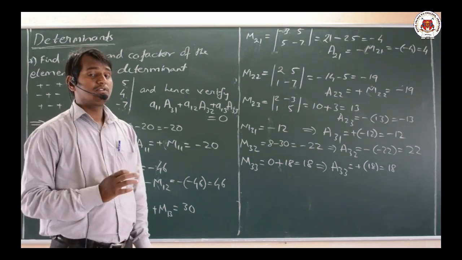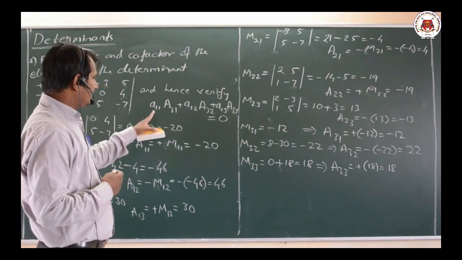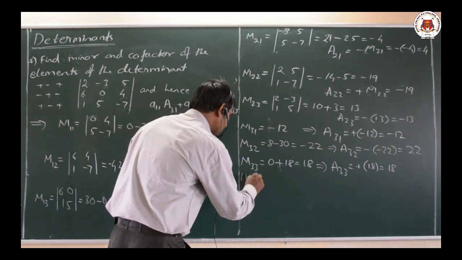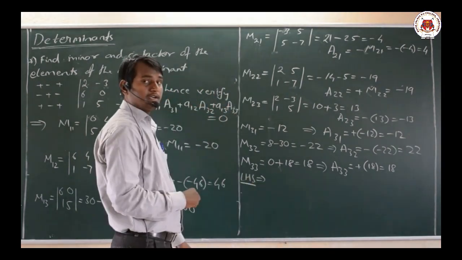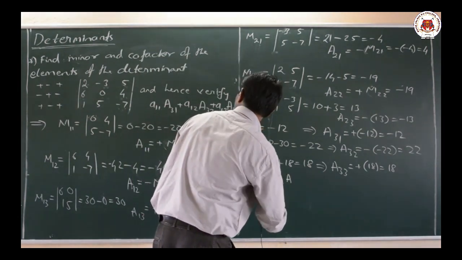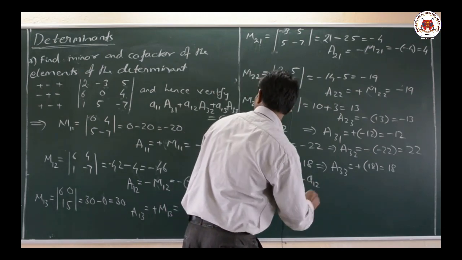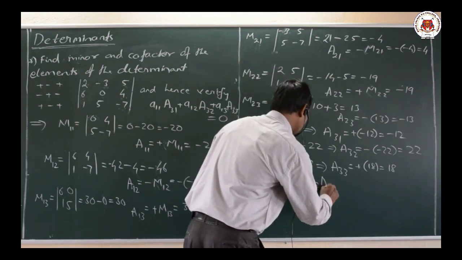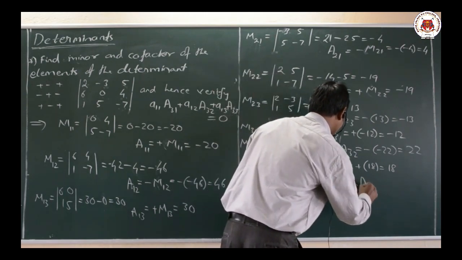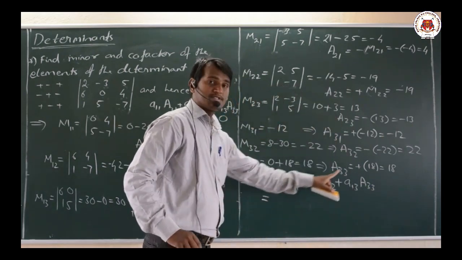Now we shall see a very important note that we had seen just now. I will write down the LHS part, an important proof that we are saying here: A11 into A31 plus A12 into A32 plus A13 into A33. We require to prove its value is equal to 0.